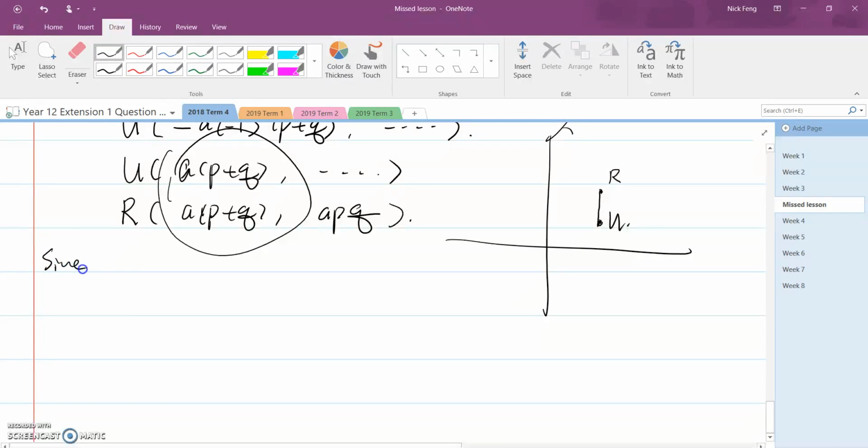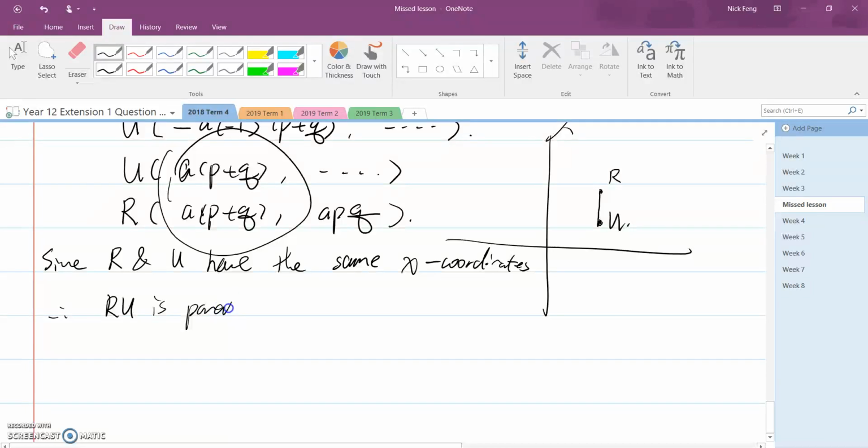Since R and U have the same x coordinates, therefore RU is parallel to the x-axis, or to the y-axis, sorry, parallel to the axis of the parabola, which is the y-axis in this case.